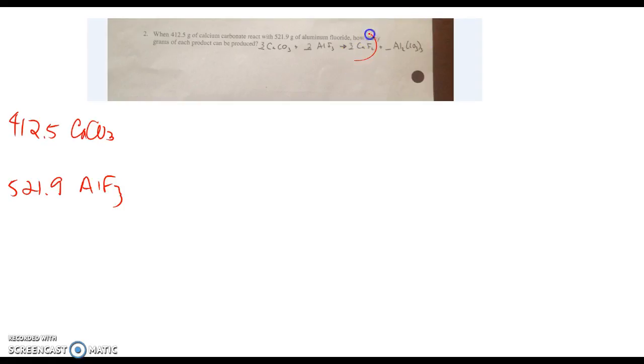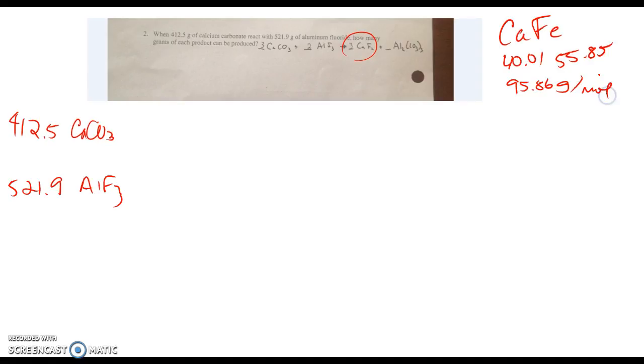I'll pick CaF as my product. Here's my calcium, which has 40.01. My fluorine has 19.00.